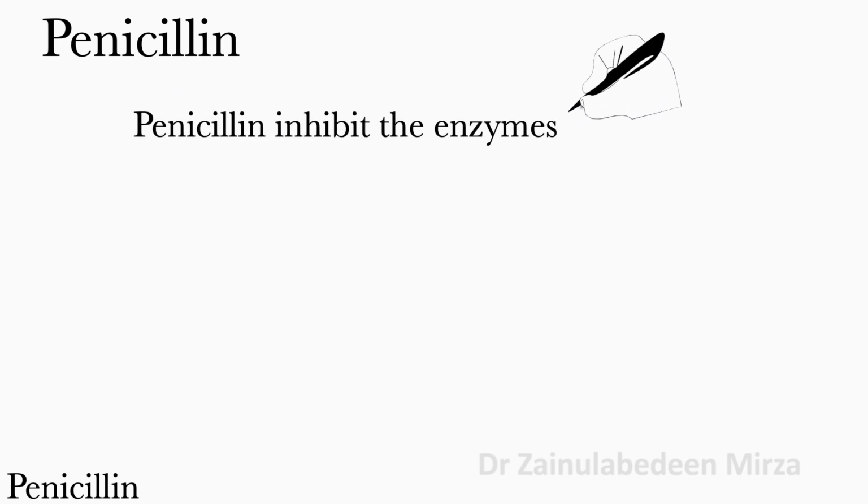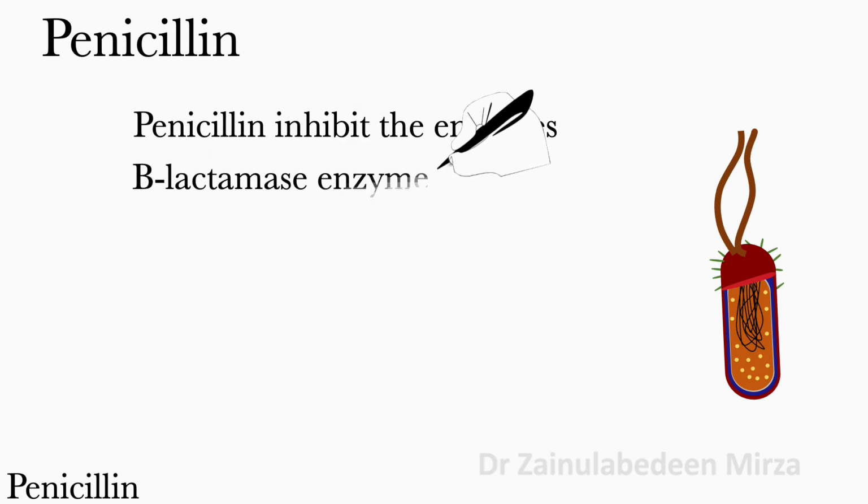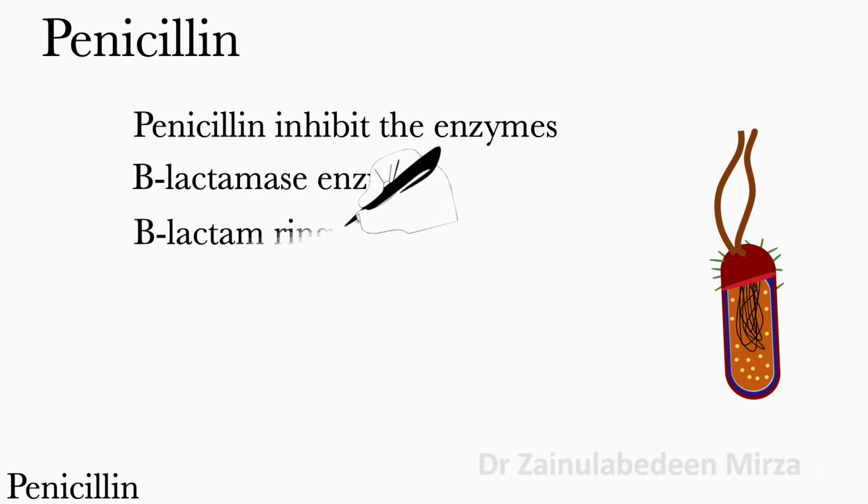Penicillin inhibits the enzymes involved in cross-linking the peptidoglycan layer of the cell wall, leading to osmotic lysis. Some bacteria have beta-lactamase enzyme that hydrolyzes the beta-lactam ring, which is the bacteria's primary defense against penicillin.